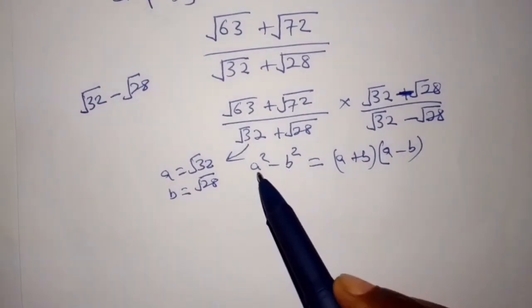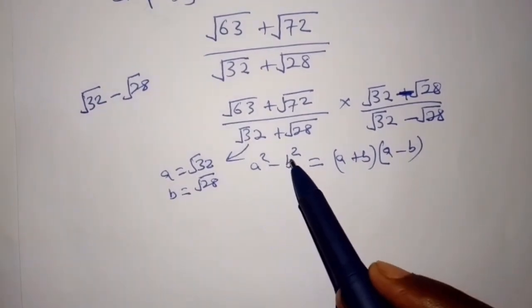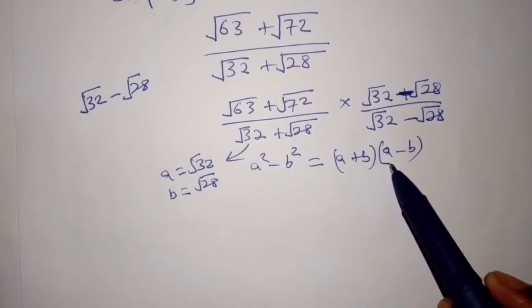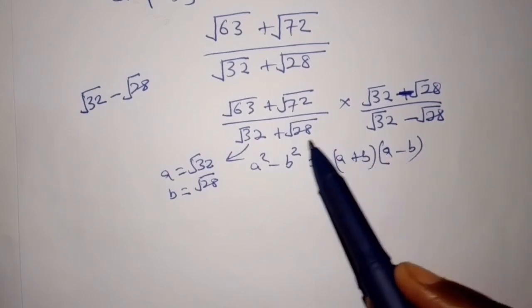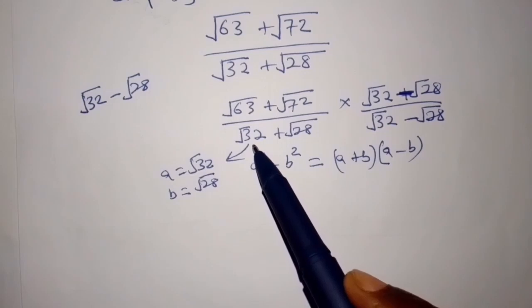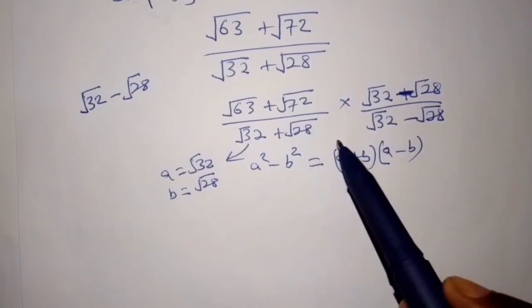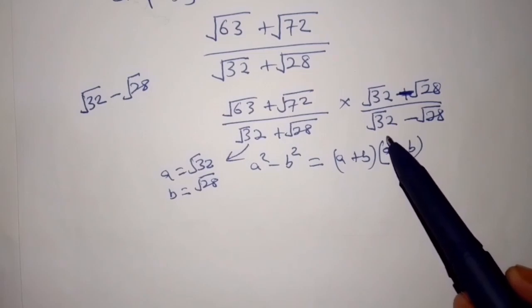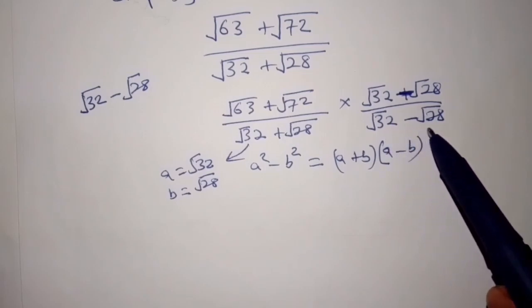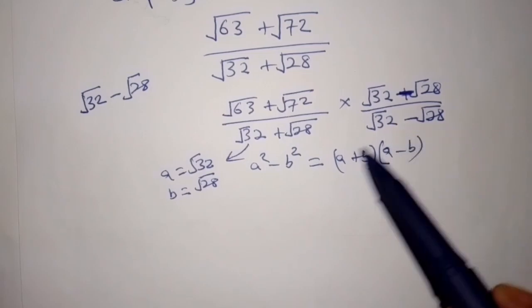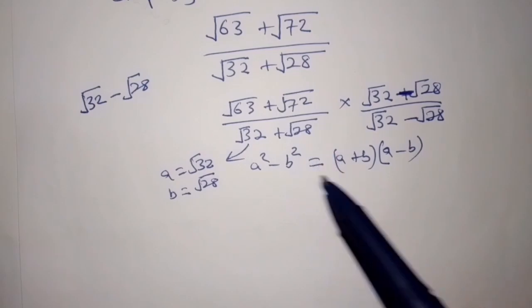So from here, a squared minus b squared is equal to a plus b into a minus b. That is, the square root of 32 plus the square root of 28 times the square root of 32 minus the square root of 28 is a squared minus b squared.